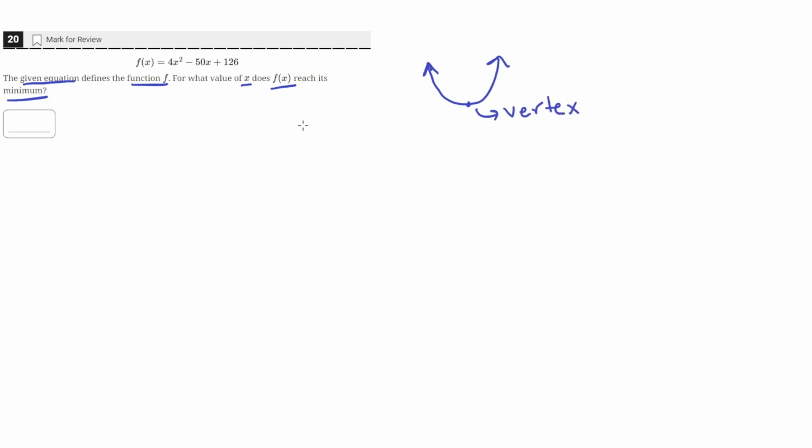So really, in order to find the minimum value of the function f of x, we just need to find where the vertex occurs.